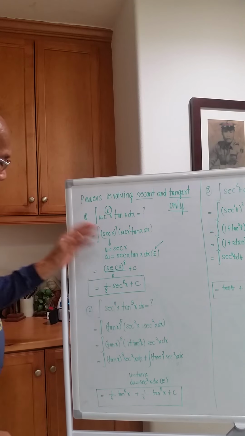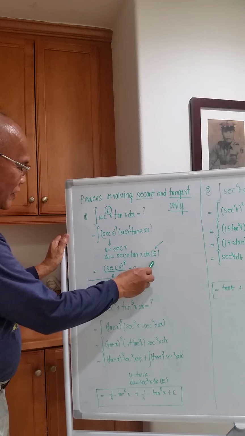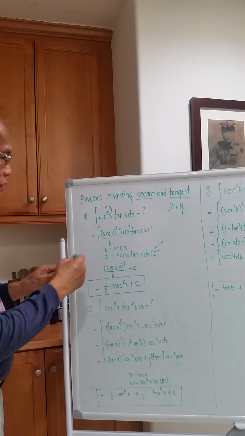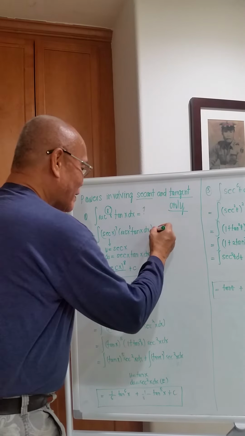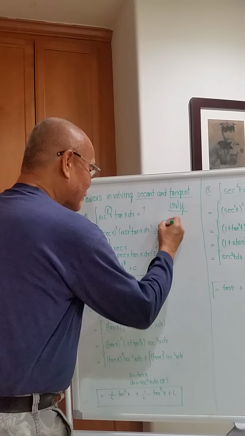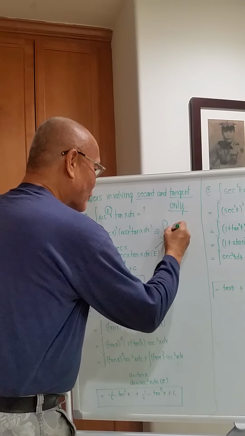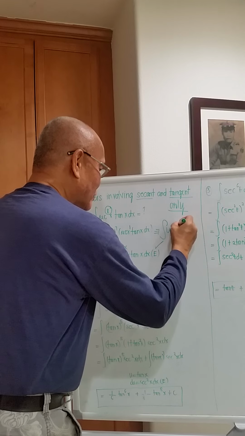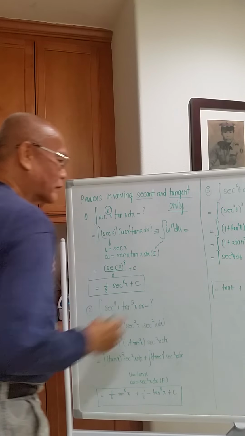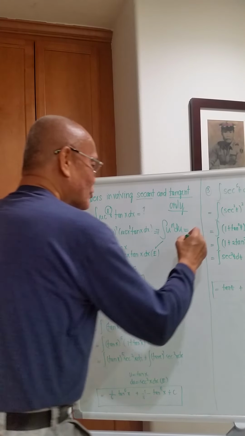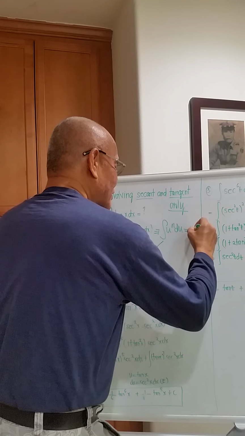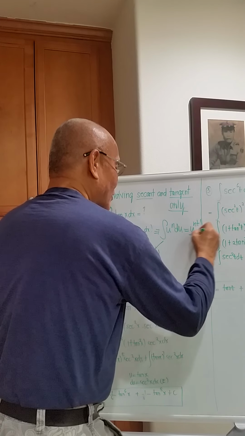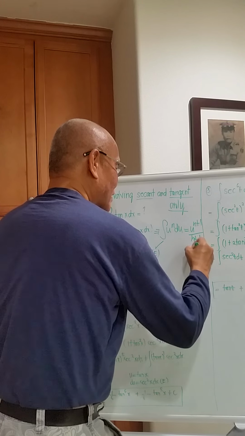After the verification, since du is exact, we can now integrate this to be under the form, the integral of u to the n du, and this should be u raised to n plus 1 over n plus 1 plus c.